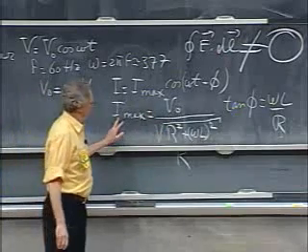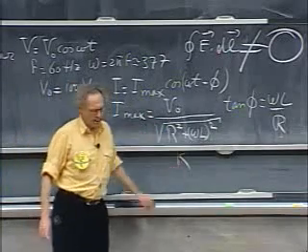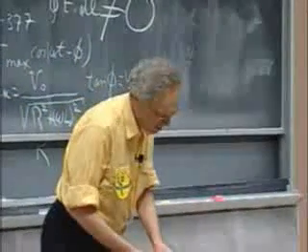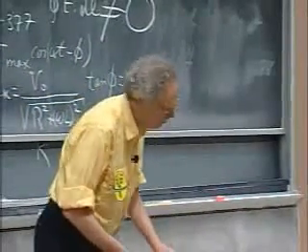And so the maximum current that will flow depends on omega and on L, the self-inductance, and of course on the resistor as well.